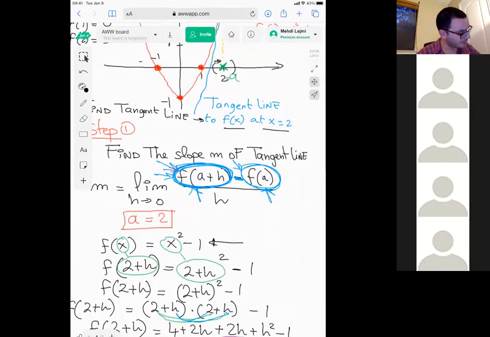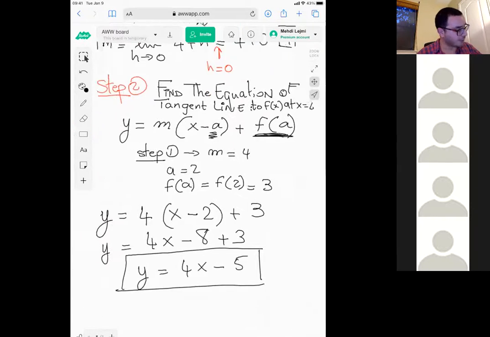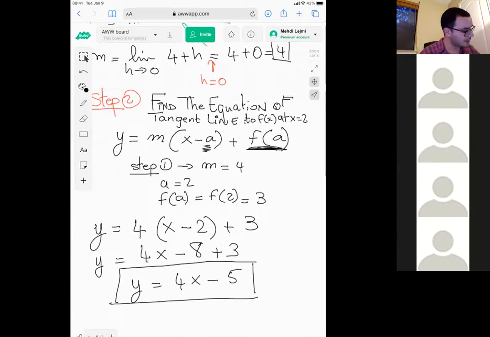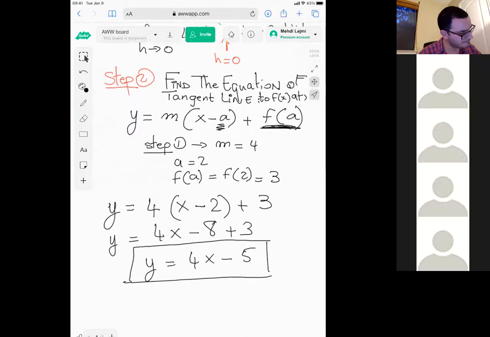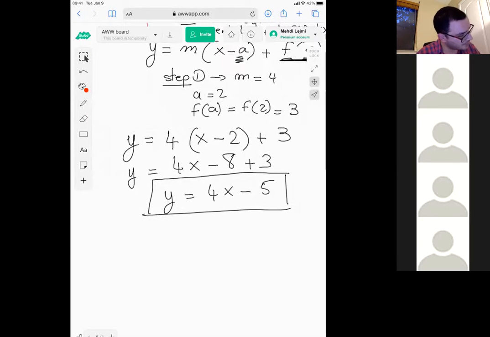Okay, so here's the exercise, guys, where we have to find the equation of tangent lines.